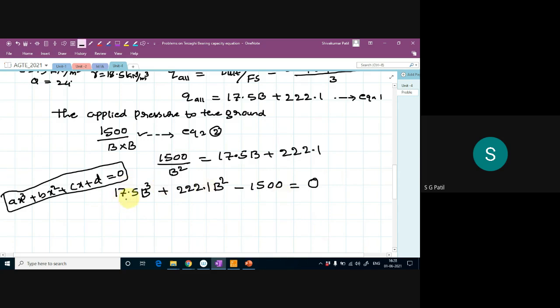Then put in your coefficients: 17.5 for the first coefficient, 222.1 as the second coefficient, the third coefficient is 0 here, and the fourth coefficient is minus 1500. If you enter these, you will get three roots, like x1, x2, x3.